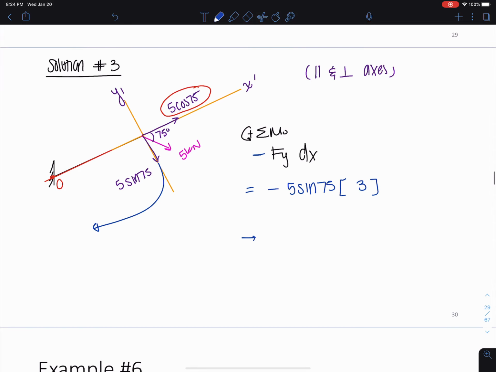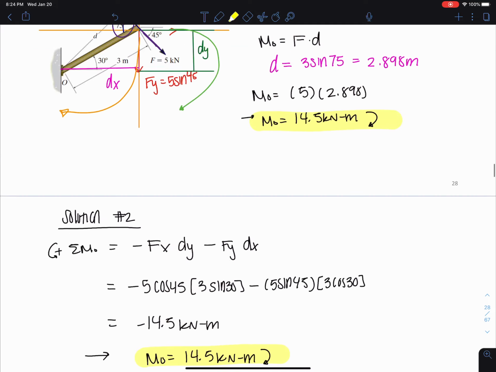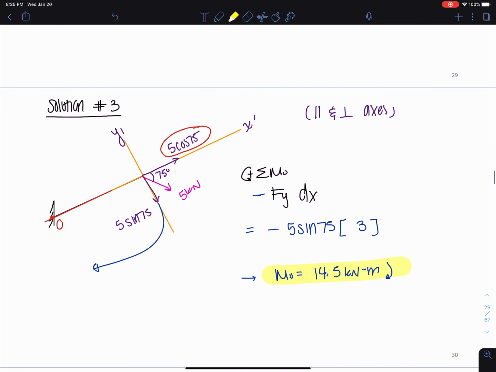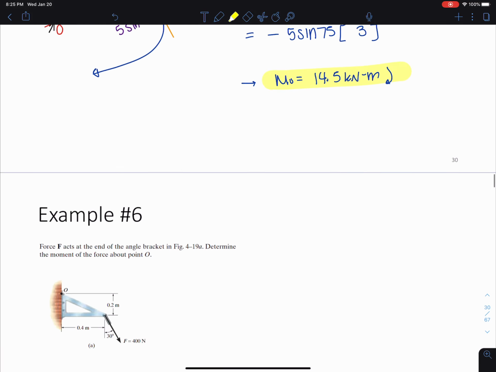And I end up getting the same answer. MO is 14.5 kilonewton meters in this direction. So no matter which one of these options you picked, it's all the correct solution, all the right answer, all the same idea. So you're welcome to choose any of these types of solutions that come to your mind when you're trying to solve these problems.